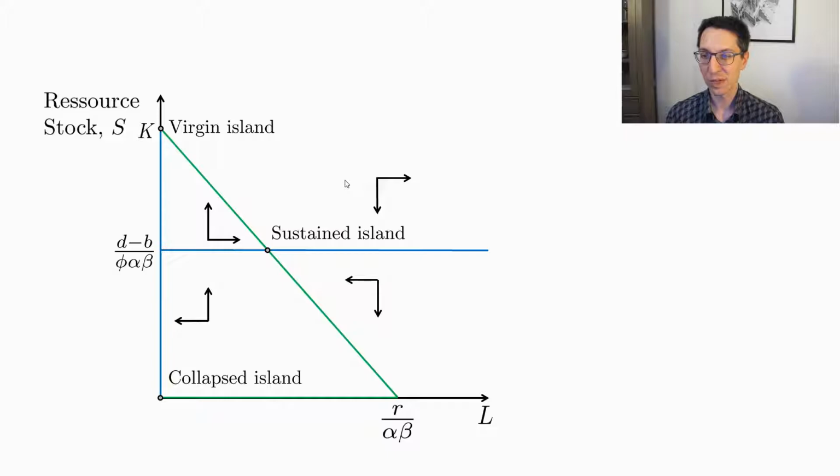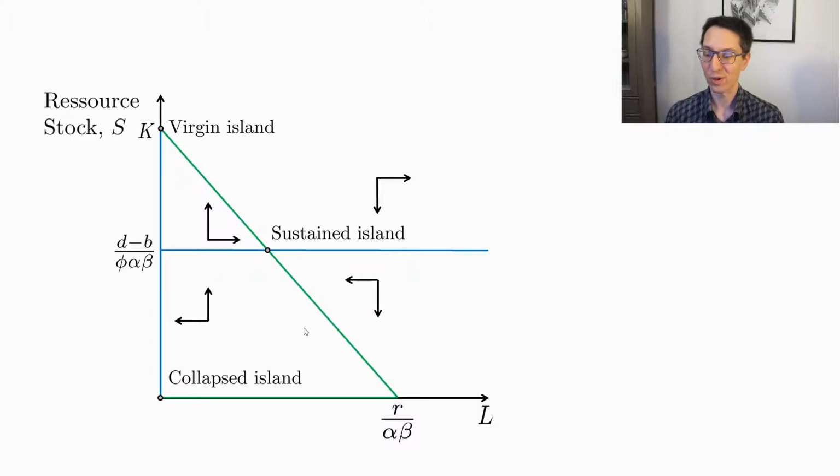And now we can really be sure that we know where we're going, because we know where L and S are going, the two state variables of our system. And as you can see, it looks like we're maybe drawing circles around the steady state of the sustained island, because we're going in this direction, then in that direction, then in that direction, then in that direction.